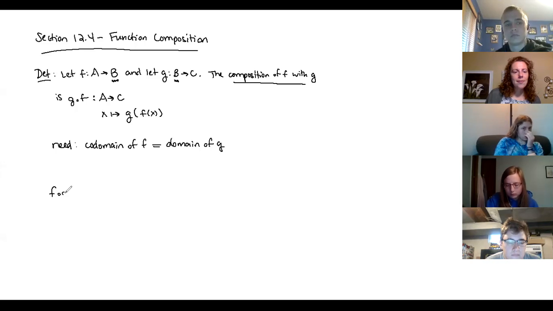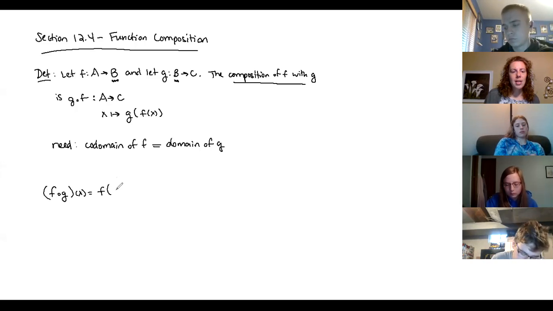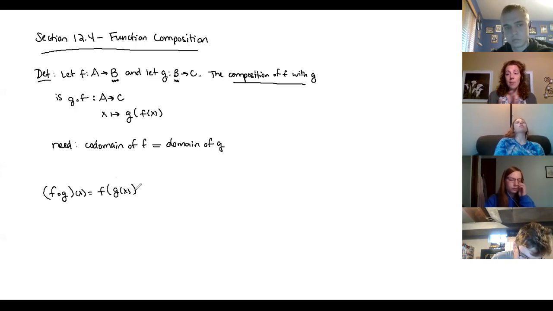If you do f circle g of x, then that would be f of g of x, assuming that your functions are mapping in the right spot. You just have to have different domains and codomains.